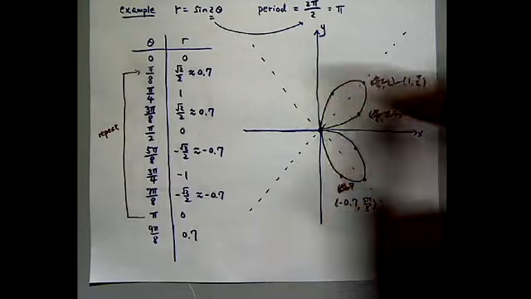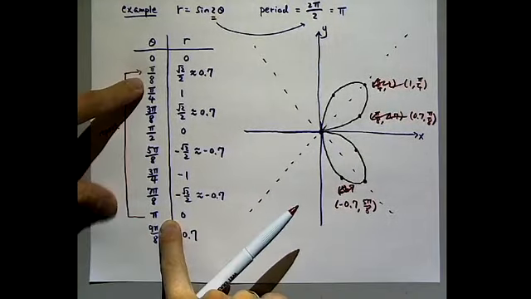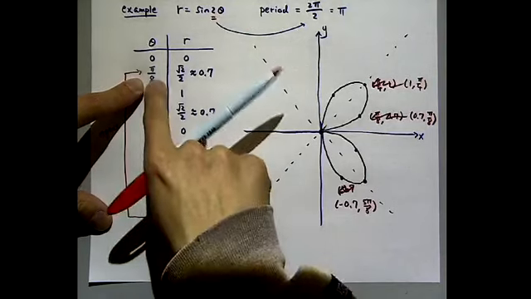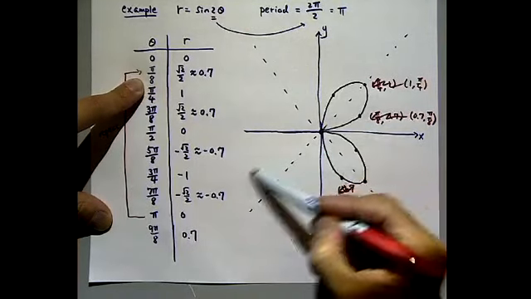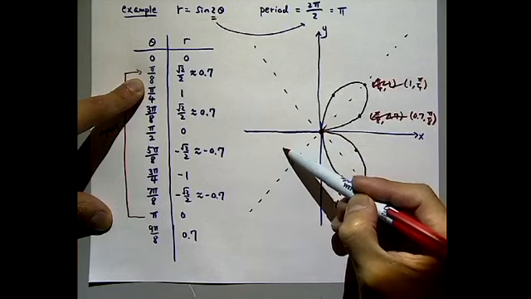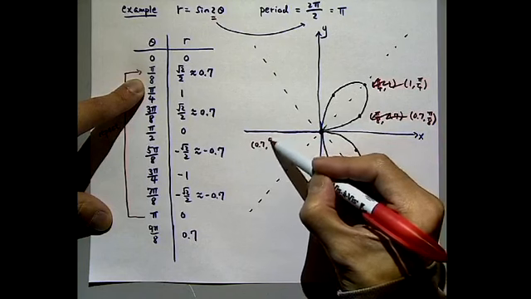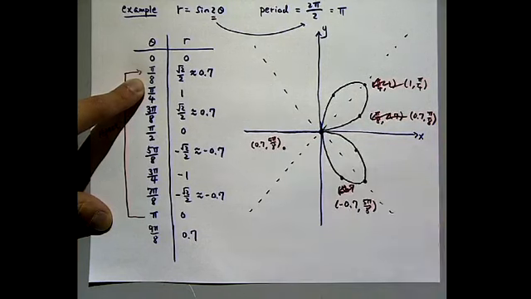So what I can do is to use this again to count. So this is 8 pi over 8, 9 pi over 8, right here. 9 pi over 8 is right here. Has a positive r. 0.7, 9 pi over 8.